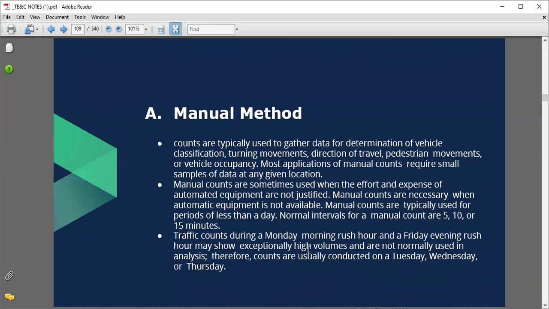During the night hours and the afternoon hours, the number of vehicles moving on the roads is less. So we collect the big number, and that big number we can take for whatever further traffic analysis.